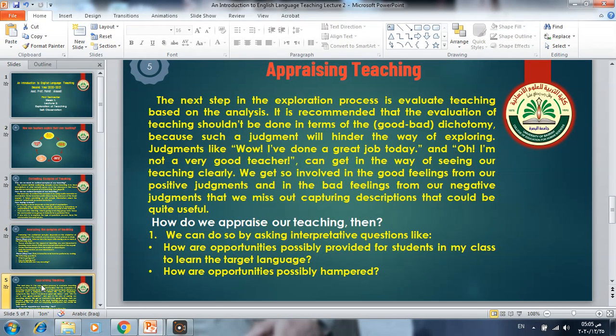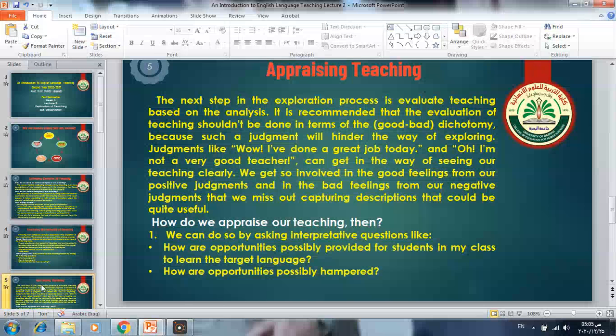Then after you finish analyzing, you come to the third step, which is appraising teaching, evaluating teaching. The next step in the exploration process is to evaluate teaching based on the analysis. Of course, now your evaluation should be based on the former step, which is the analysis.